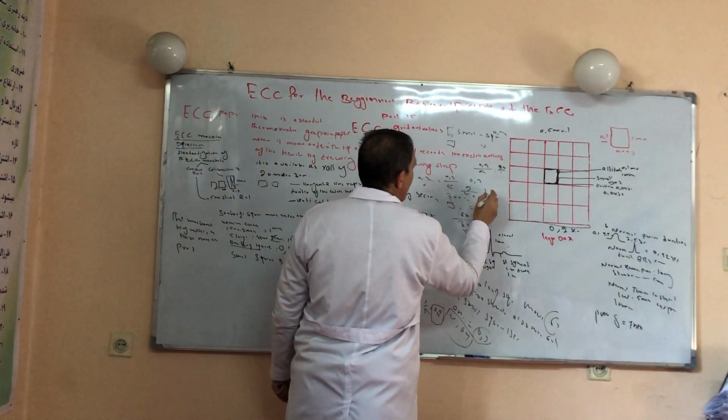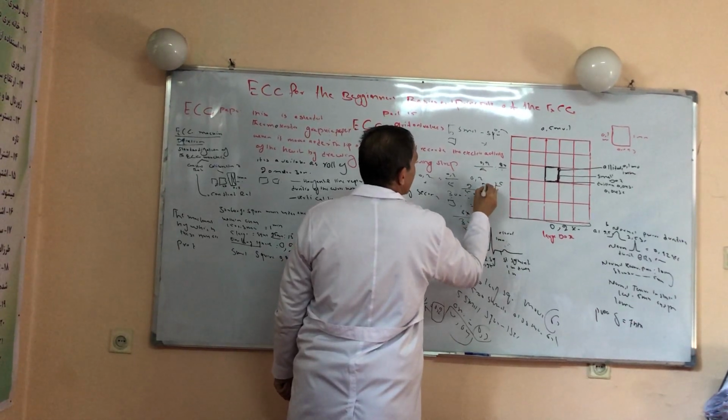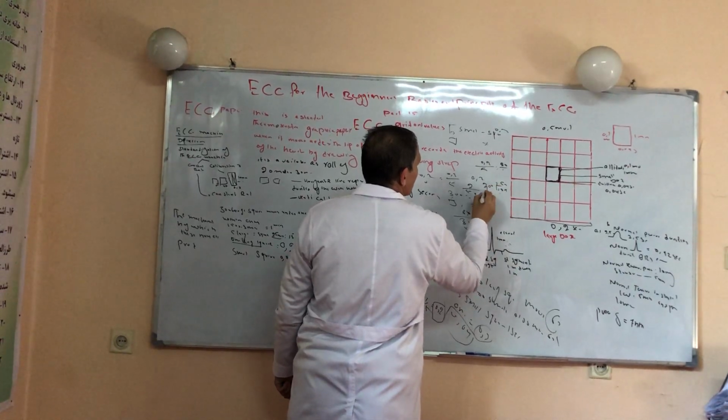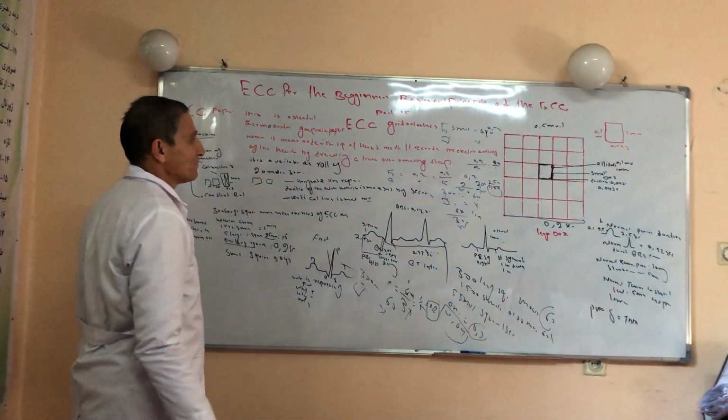When 2 is less, 50 is more. So 1 small square is reduced by this mechanism.